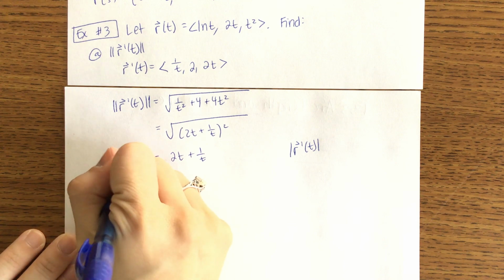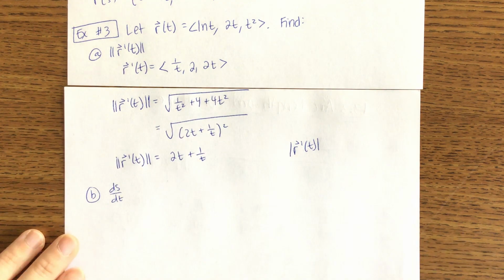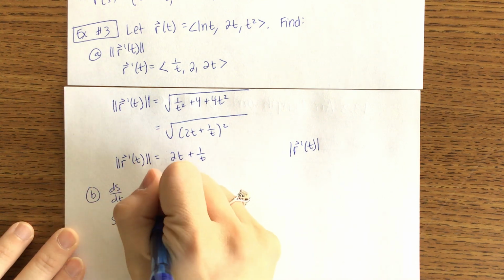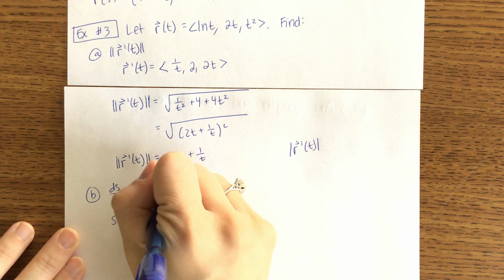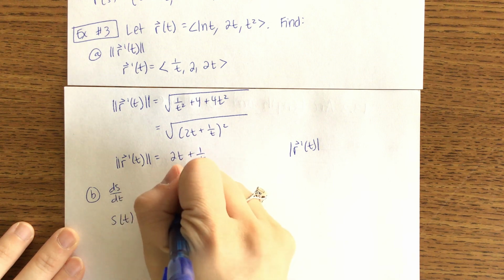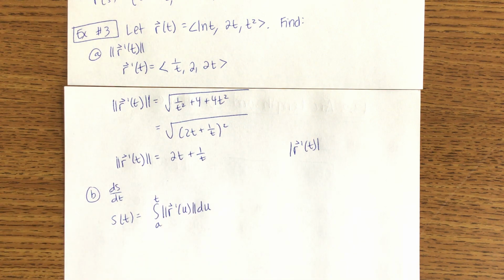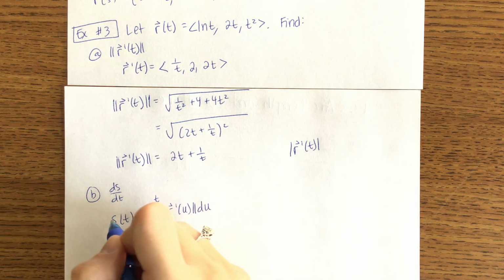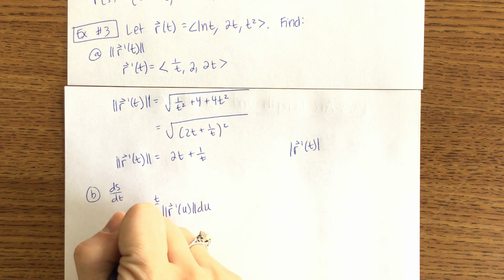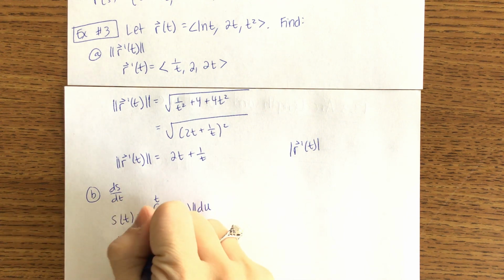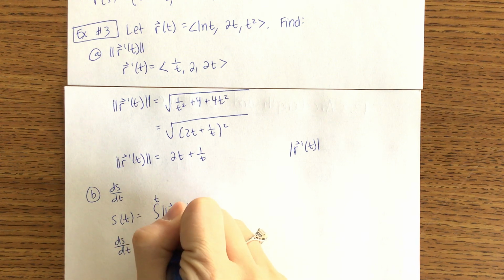I want us to find ds dt. Now, if we remember s of t, what we wrote down is the integral from a to t of the norm of r prime of u du. So if I take the derivative with respect to t, I'm going to get the norm of r prime of t.